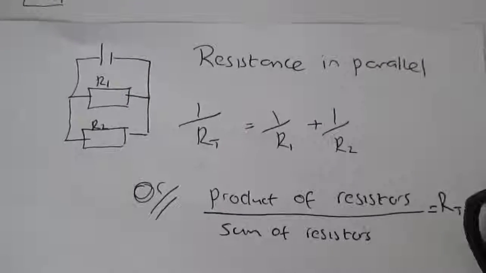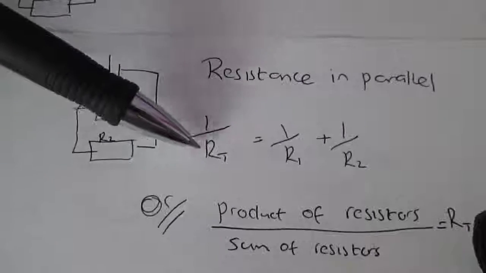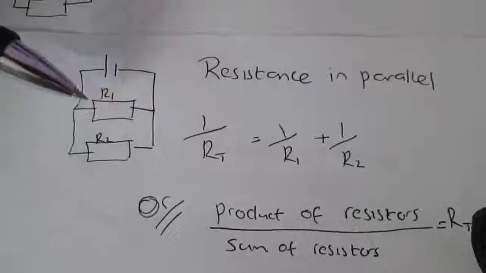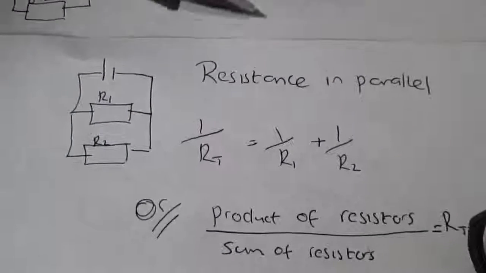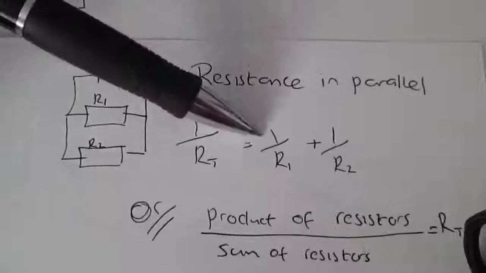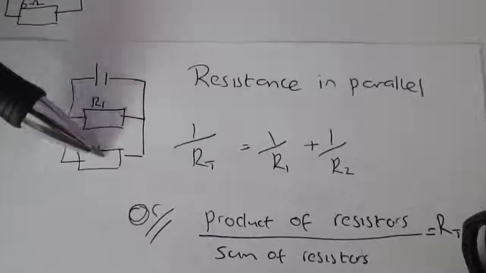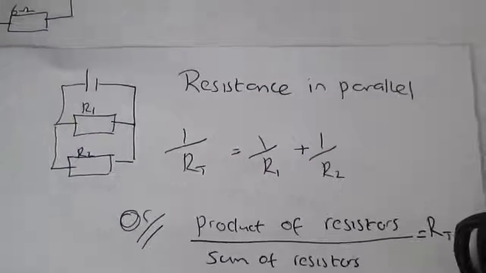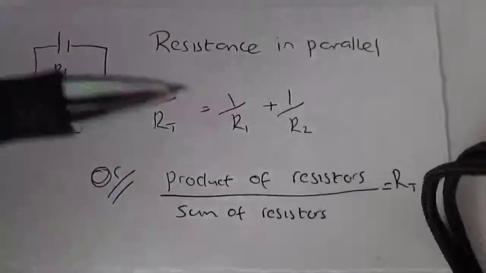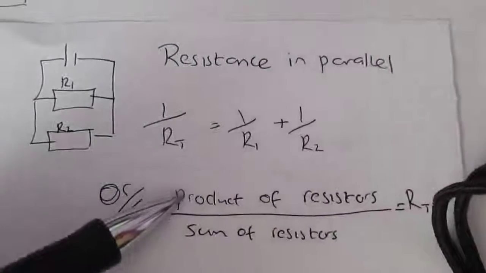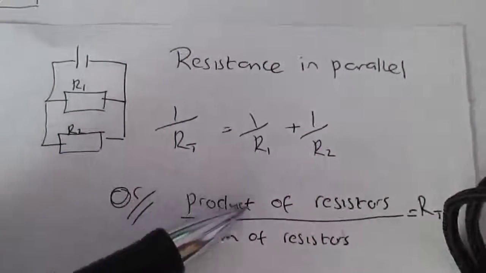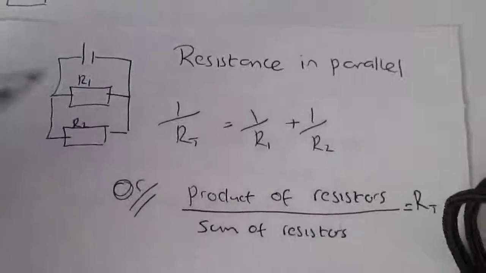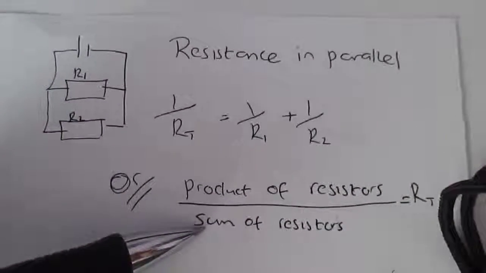We have 2 formulas. We have 1 over RT, where RT stands for the total resistance, and it equals 1 over R1 plus 1 over R2. Or we can use this one, where the total resistance equals the product, which means multiply, of the resistors, divided by the sum, which means add, of the resistors.